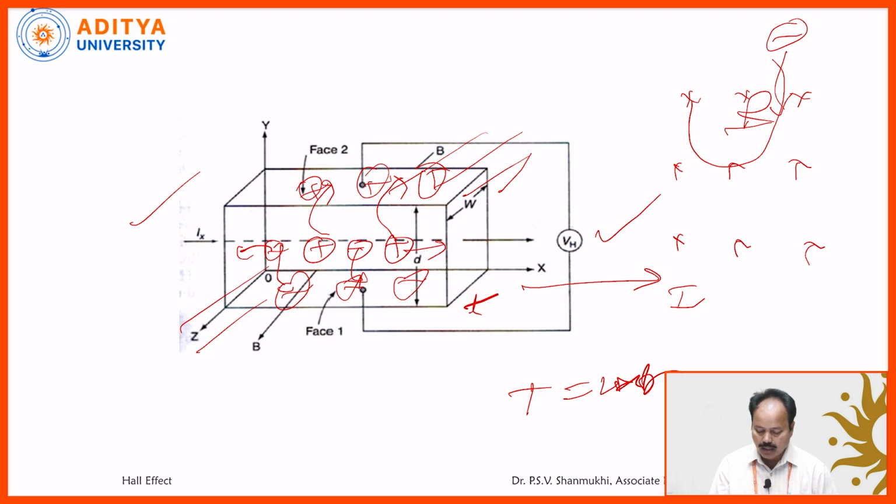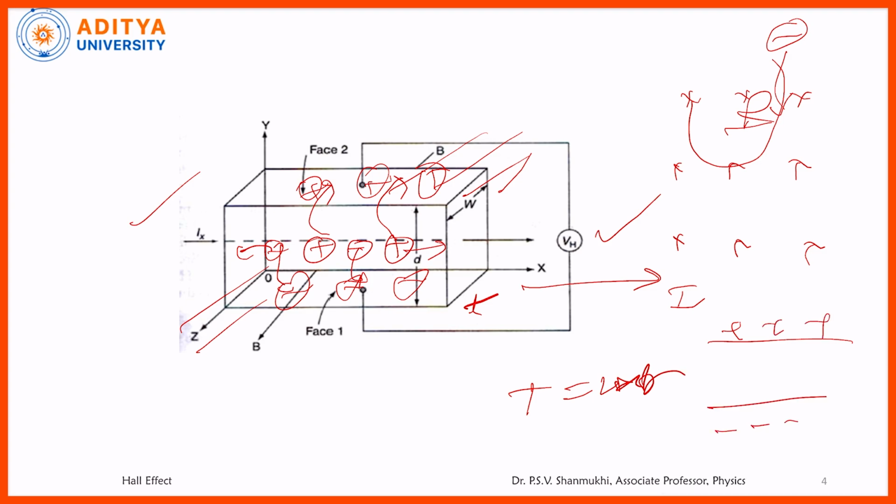Now the upper surface resembles a positive plate and the lower surface resembles a negative plate. It is just like a parallel plate capacitor of width W. Automatically an electric field is developed there, E_H, which is called the Hall electric field. Voltage is developed there, denoted by V_H, the Hall voltage.